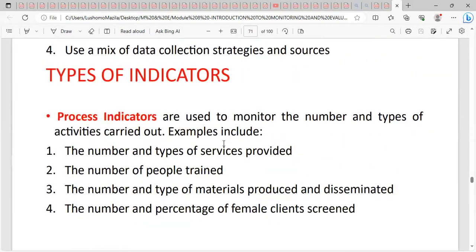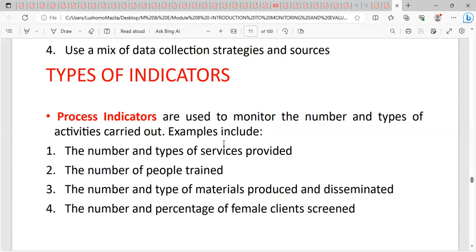So today I want us to look at the types of indicators. When we looked at the logic model, we understood that the elements that constitute the logic model are the inputs, the activities, the outputs, the outcome, and the impact.